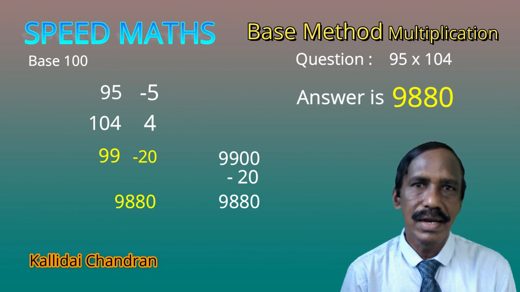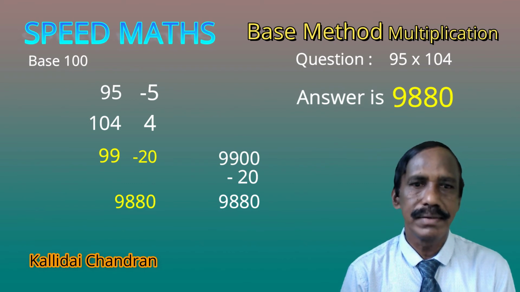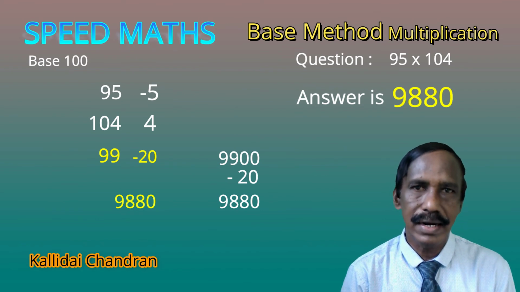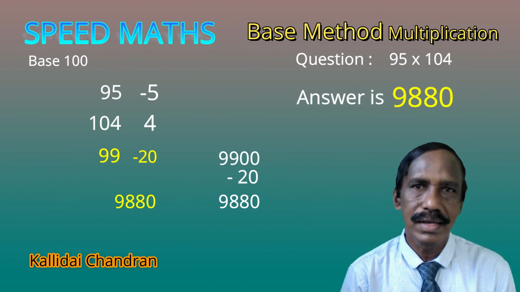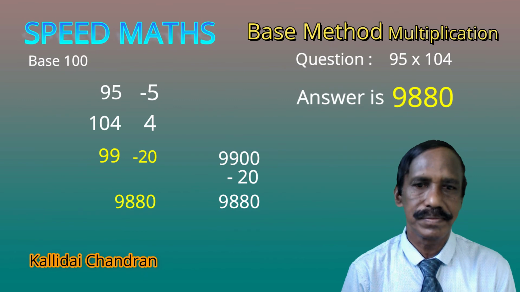That means 99 will become 9,900. From that 9,900 we have to deduct 20 since it is a minus figure. So from 9,900 when we deduct 20, the answer is 9,880.